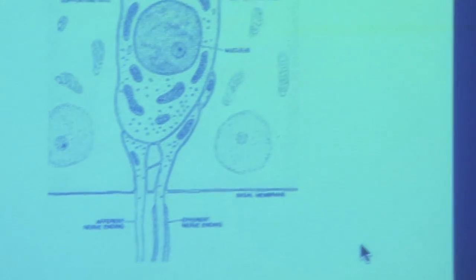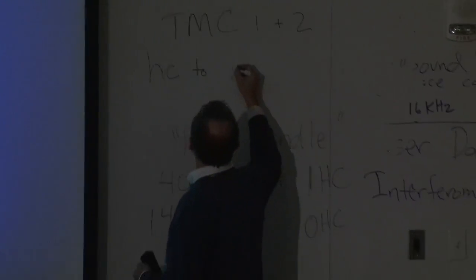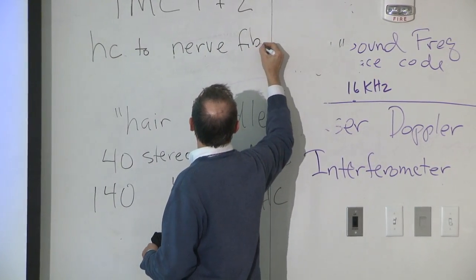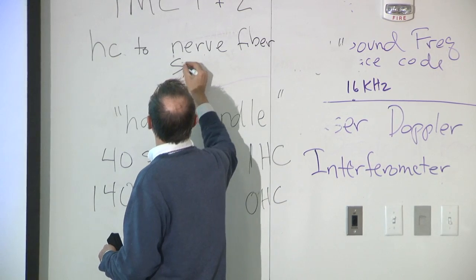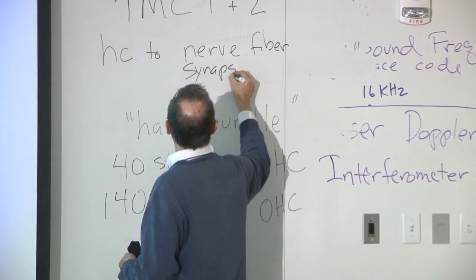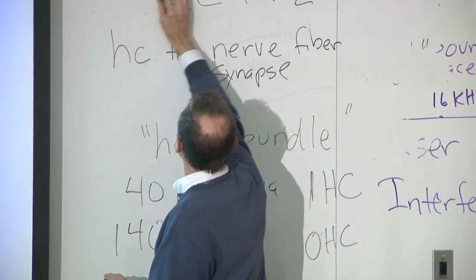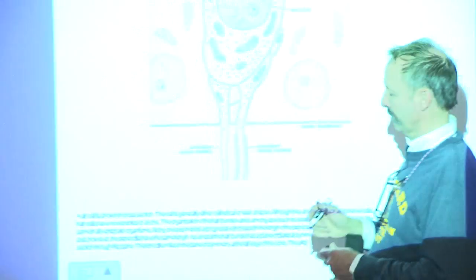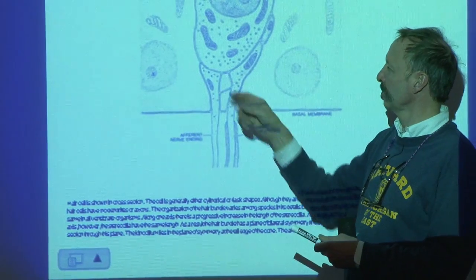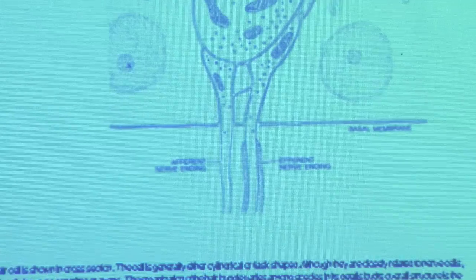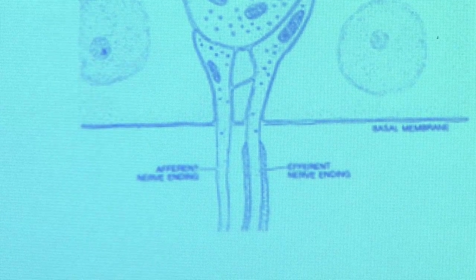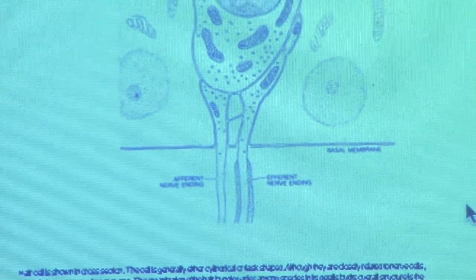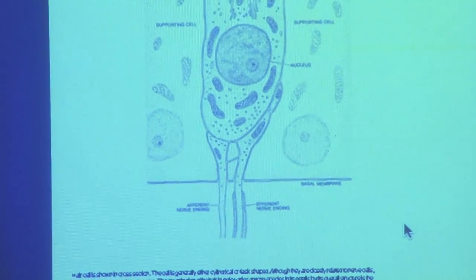So there's a hair cell to nerve fiber synapse. And that's right here. And this hair cell then releases transmitter because this is a chemical synapse. And it uses a neurotransmitter, right?